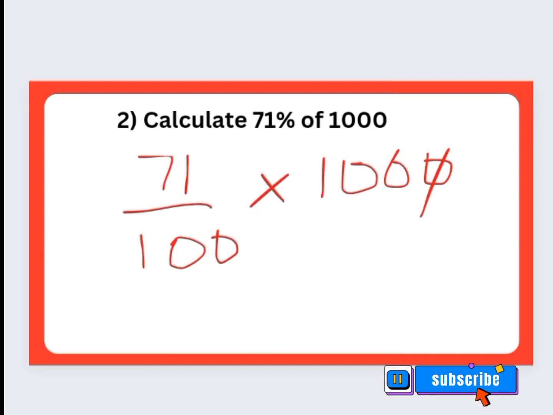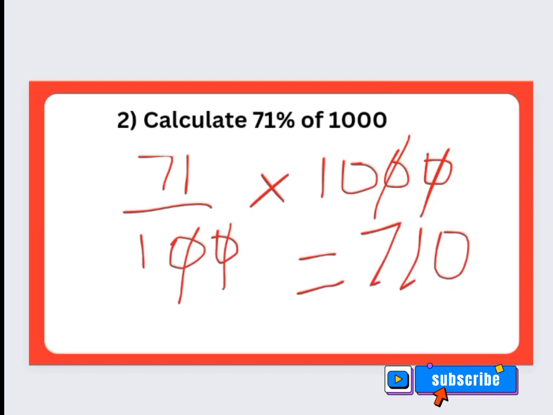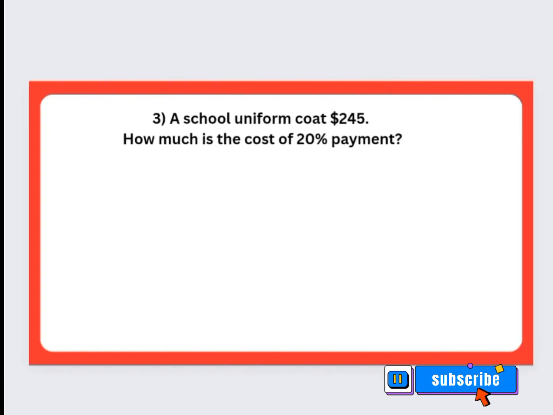We have this 0 against this against this, and here we have 1 down. 71 times 10, and 71 times 10 is 710 over 1, which also means 710, right? Good.